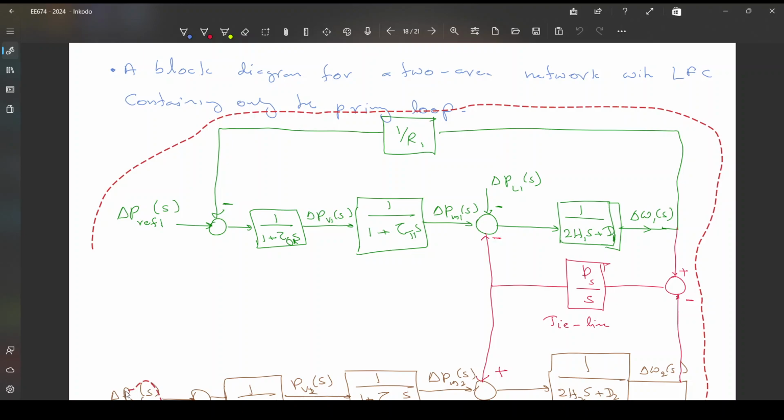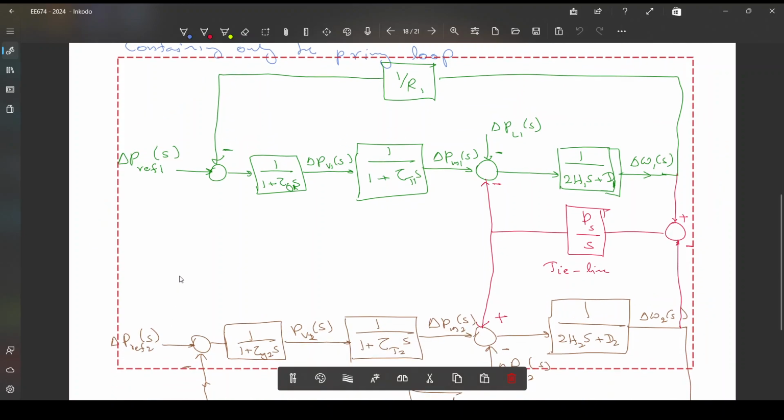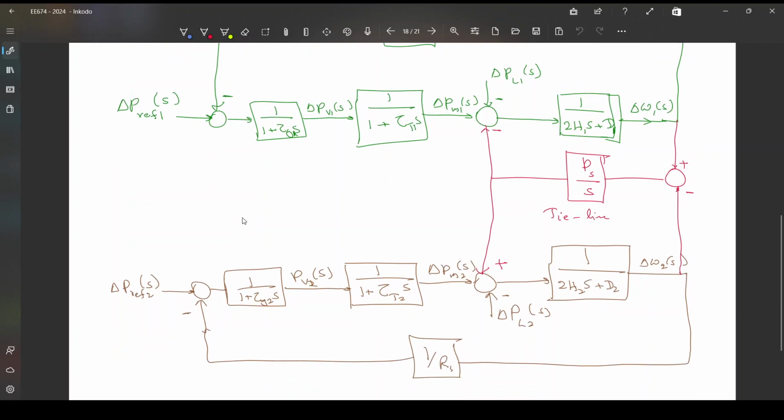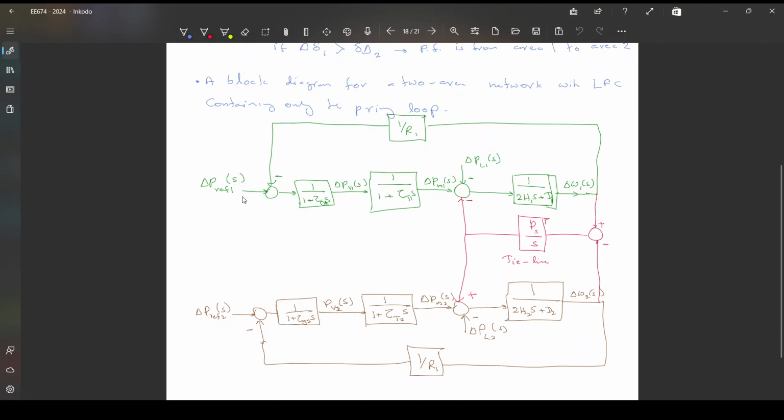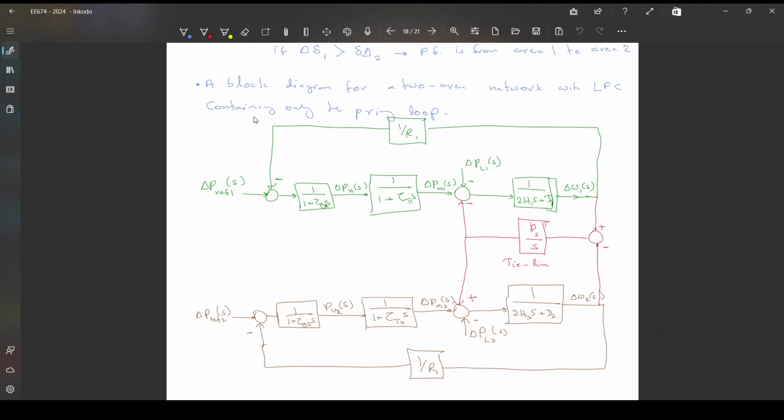There's a whole lot of stuff, so let me get the whole diagram.